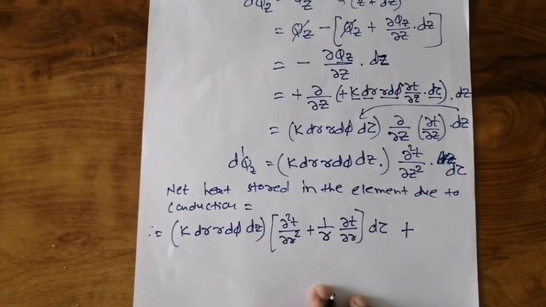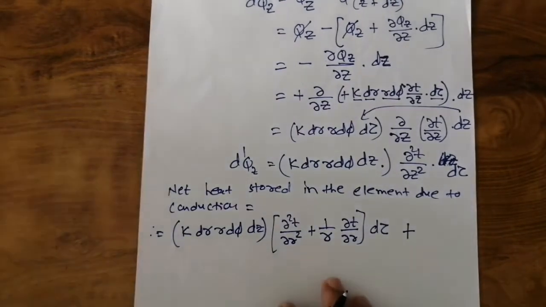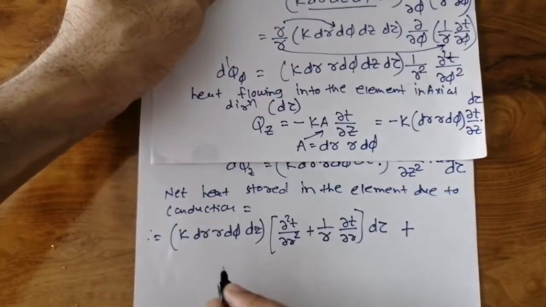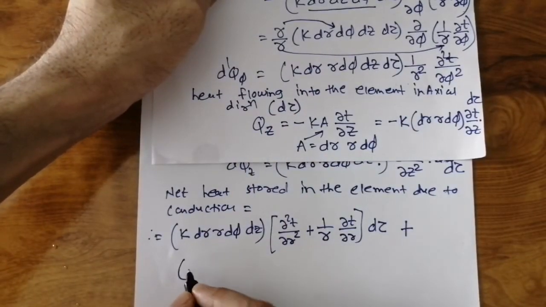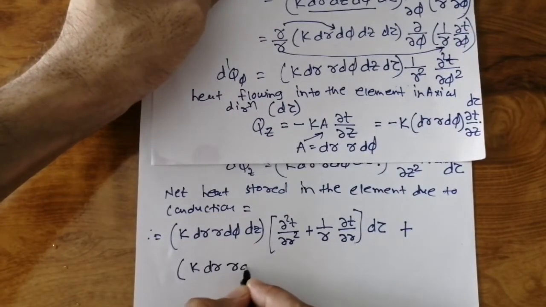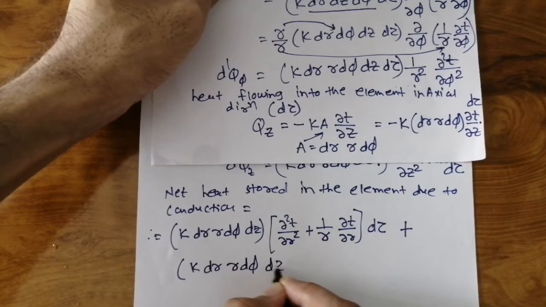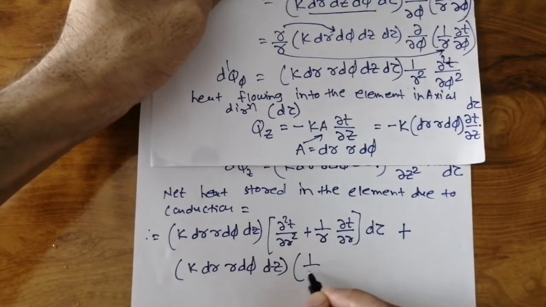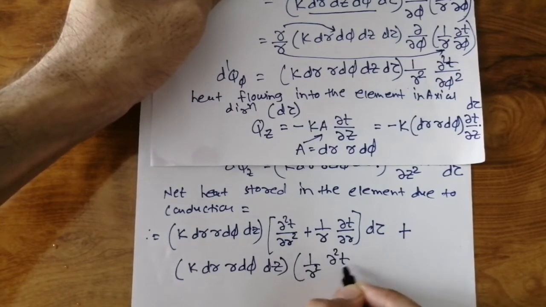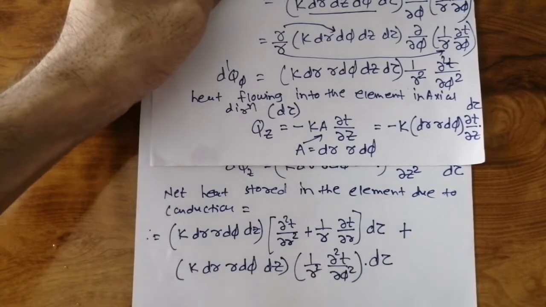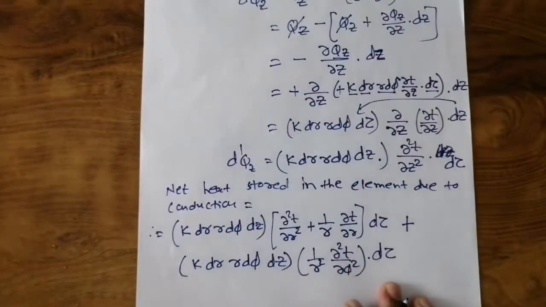So what is your tangential direction equation? So tangential direction equation is k dr r d phi dz. We are just taking d tau outside, so inside will be 1 upon r square del square T by del phi square into d tau over.